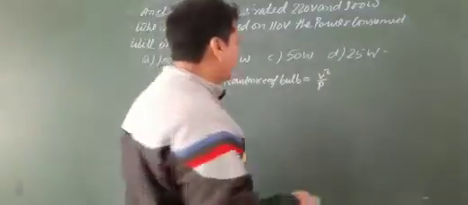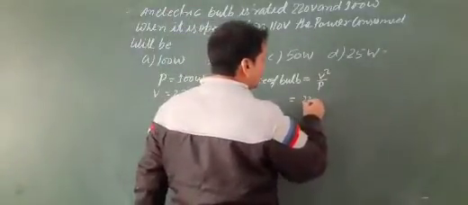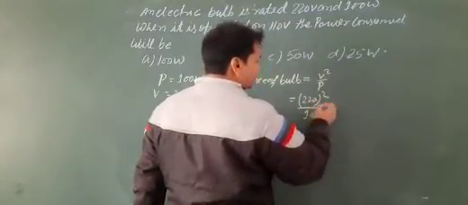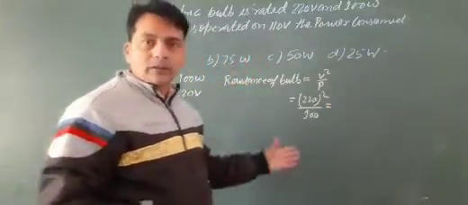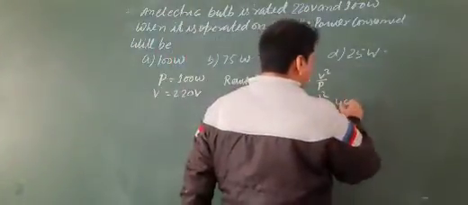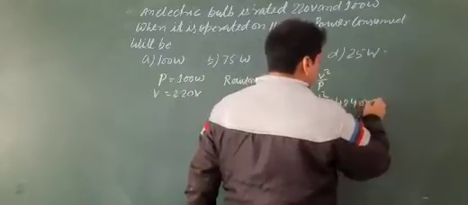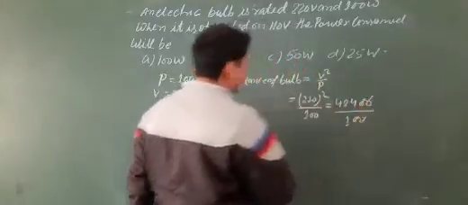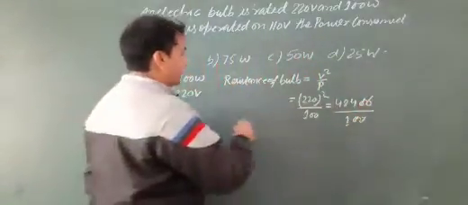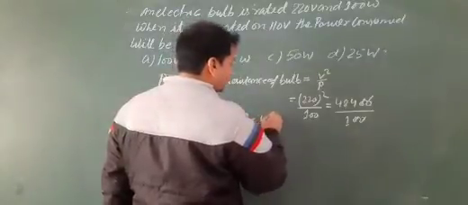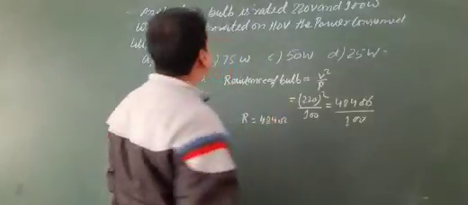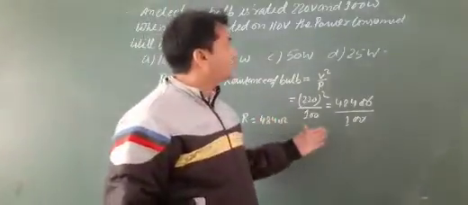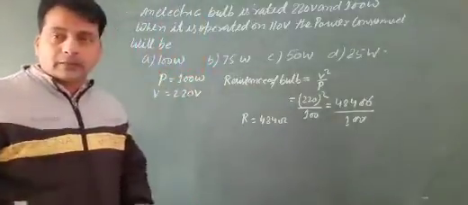Then the resistance of the bulb is 220 square by 100, which is 484 by 1. Then the resistance of the bulb is 484 ohms. Now, when it is operated on 110 volt, the power consumed will be.